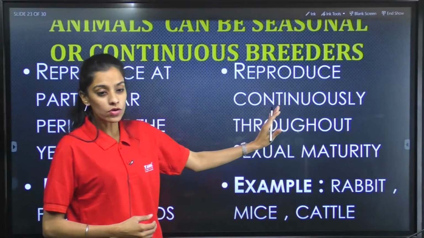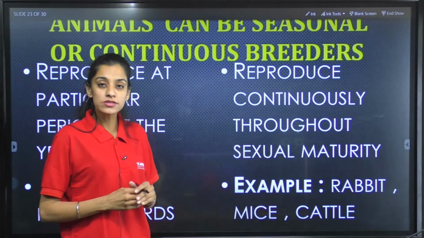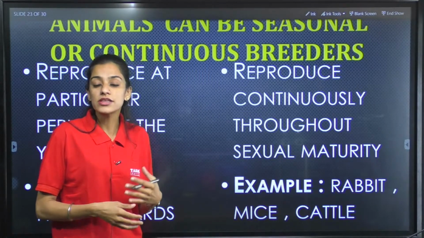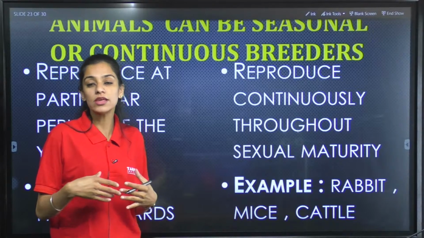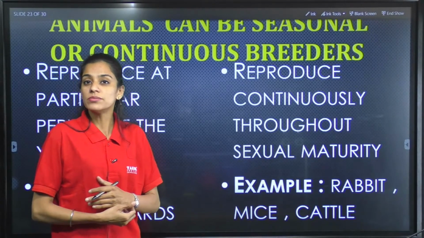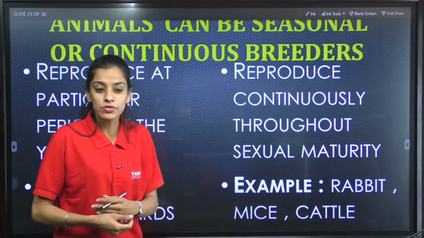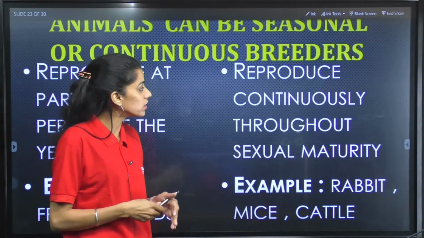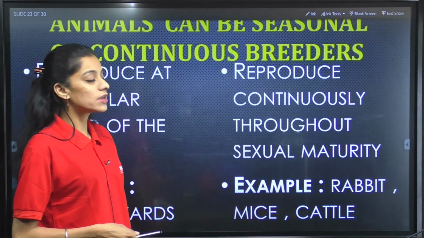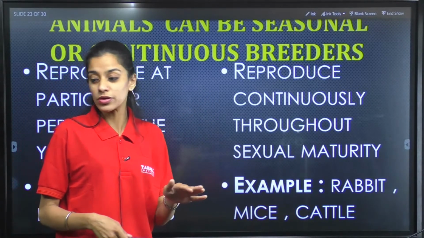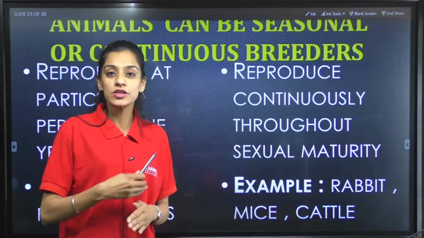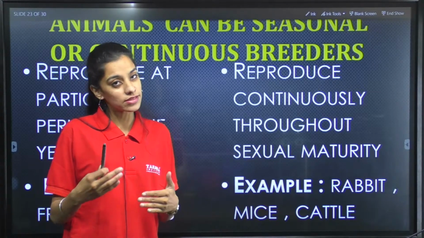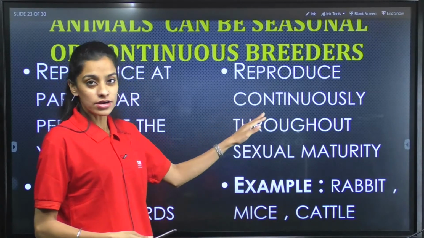Whereas on the contrary, the continuous breeders are the ones that will be continuously reproducing; their fertilizing ability does not depend upon a particular season. They keep on breeding. They reproduce continuously throughout their sexual maturity. So as long as sexual maturity lasts, they are able to reproduce. That is in a continuous manner, and that is why they are referred to as continuous breeders.